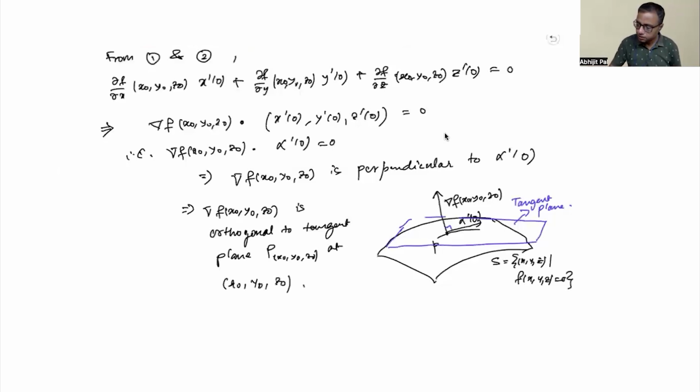Okay, all right. So now, what will be the equation of this tangent plane? Let us take any point x, y, z in this tangent plane. So x, y, z belongs to the tangent plane.